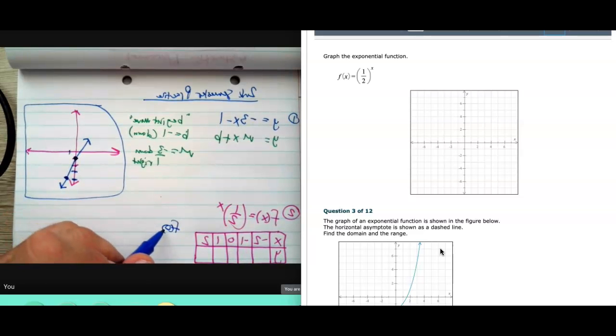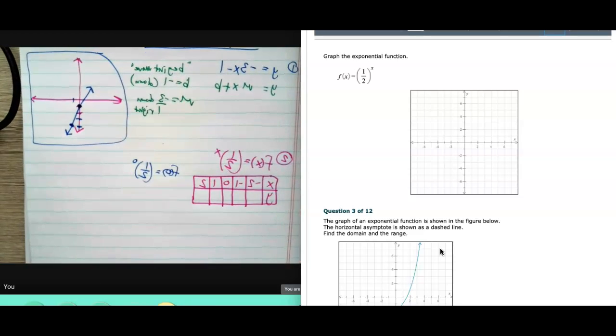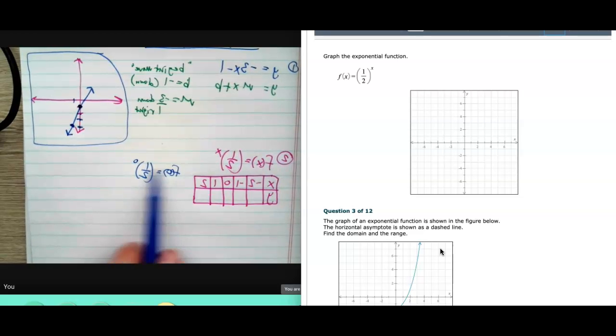I already put a 0 there, so I guess I'll just do 0 first. When you plug in the 0, you plug in a 0 where x is. Hopefully you remember that all the work happens on the right side.